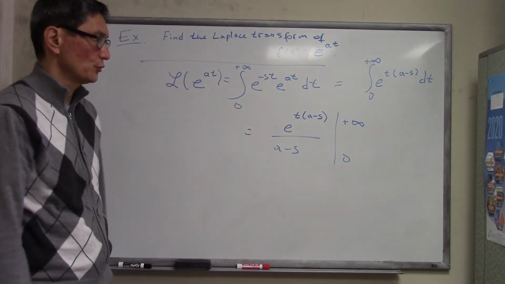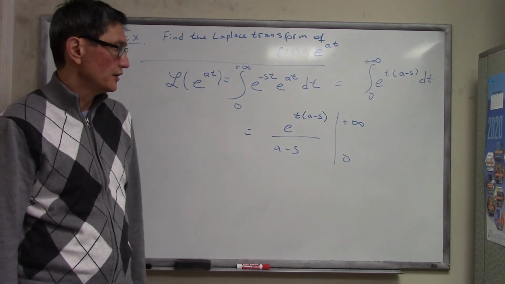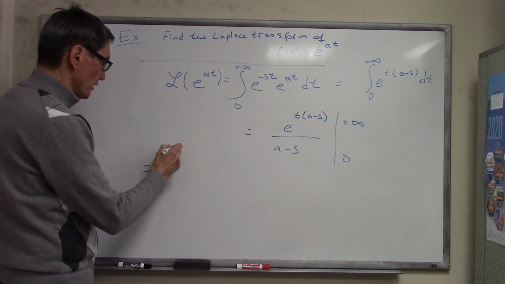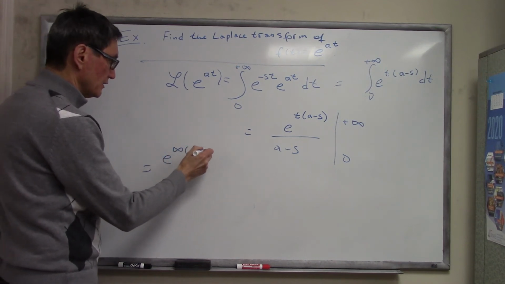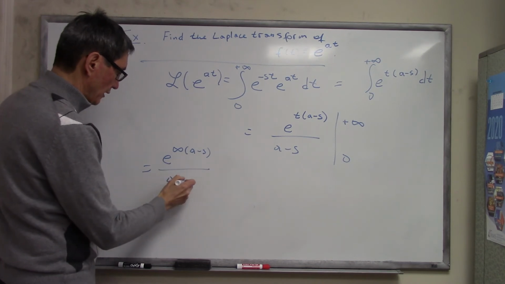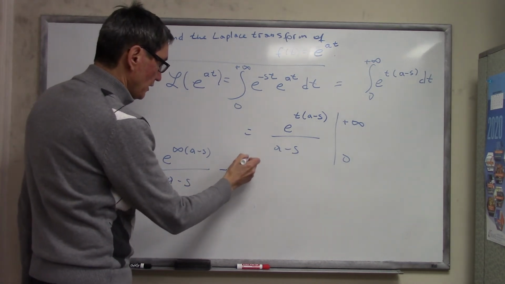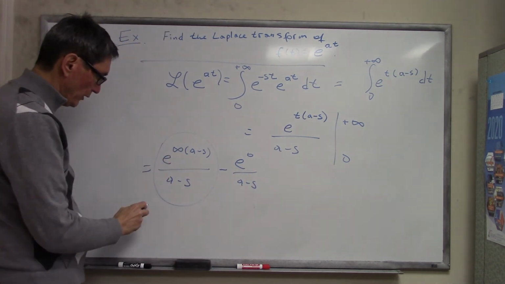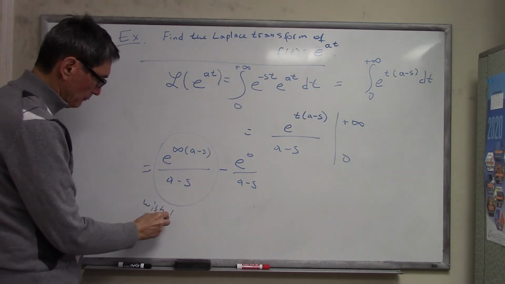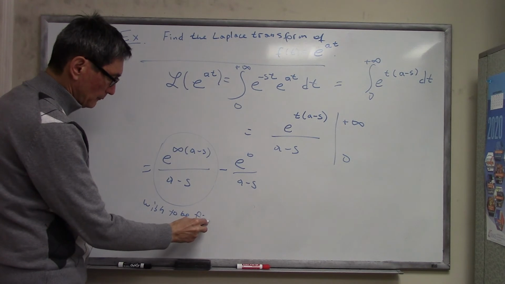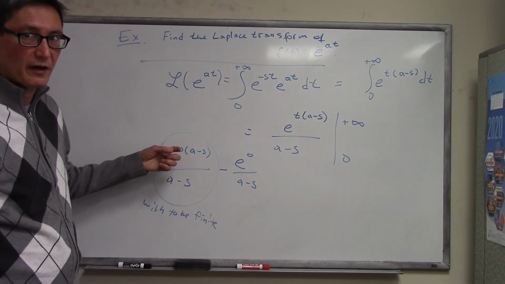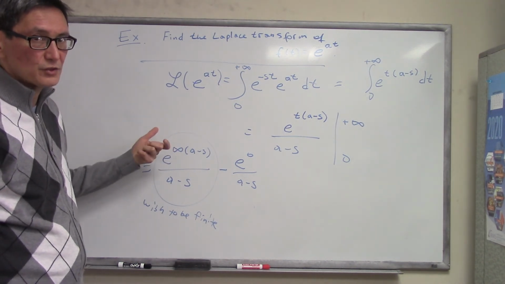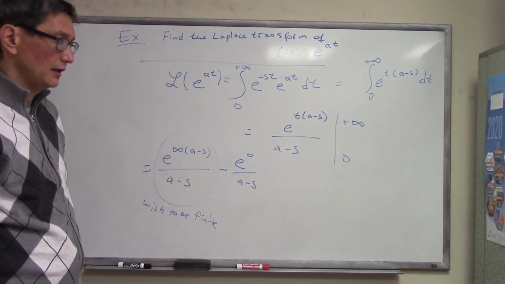So t is changing from 0 to plus infinity. Now to find this integral, we plug in infinity and 0. So we're going to get e to the infinity times a minus s over a minus s, minus e to the 0 over a minus s. We wish that to be finite. For that expression to be finite, we wish e to be raised to negative infinity, so we want a minus s to be less than 0.